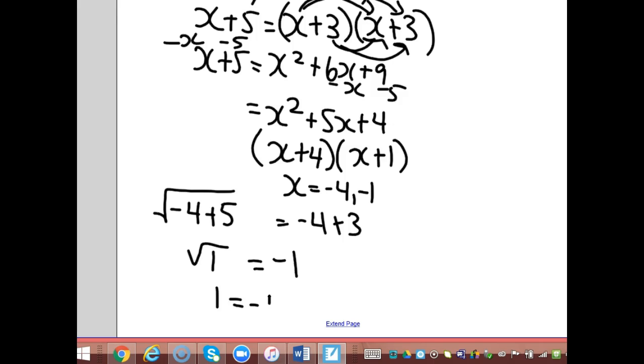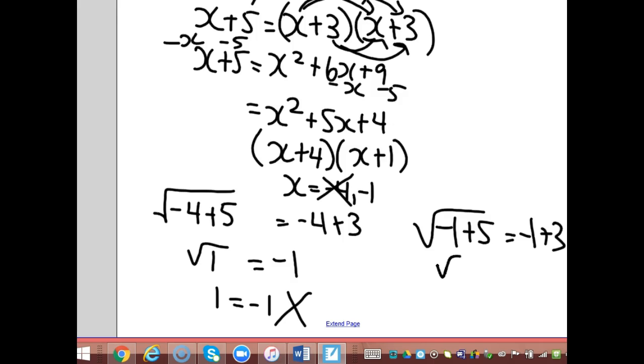So 1 is equal to -1. That one does not work. Okay, so he's out. And so what if we tried the -1 plus 5, does that equal -1 plus 3? So root 4 is equal to 2. 2 is equal to 2. So that one is our answer.